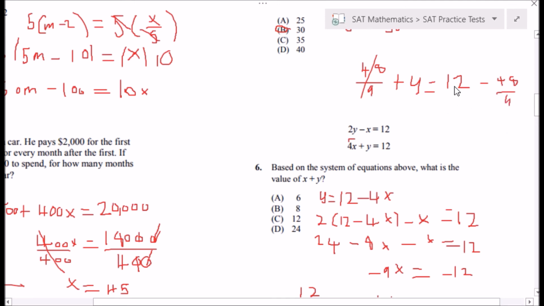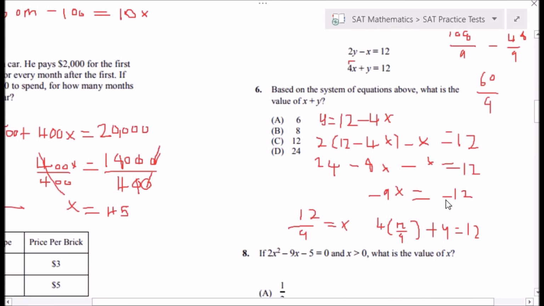Okay, so we now have to get a denominator over 9 on the side, so that will give us 108 over 9 minus 48 over 9. And 108 minus 48 is 60. Quick mental math. Okay, so now we just have to add 12 over 9, because we know that this is equal to y.